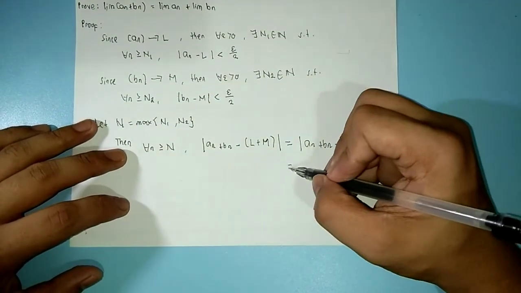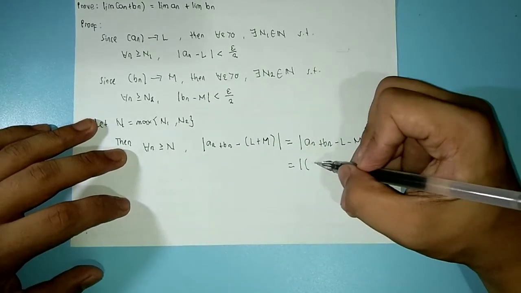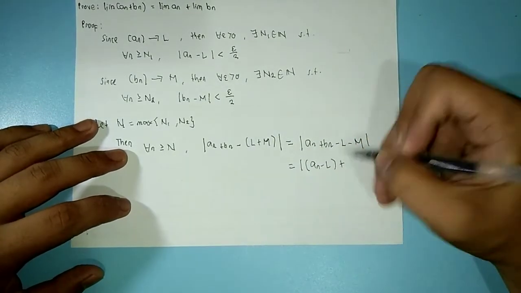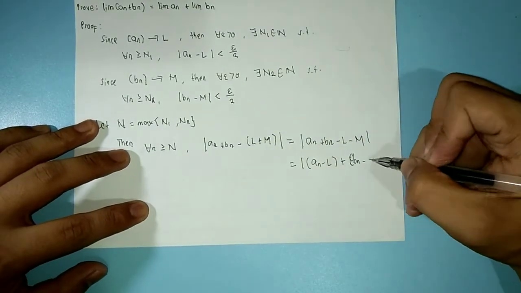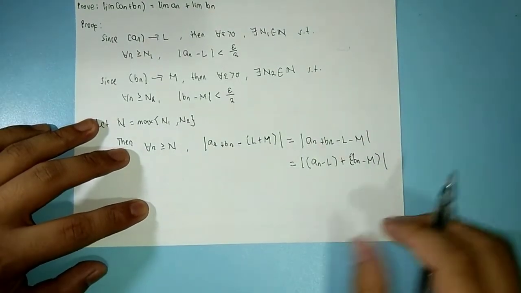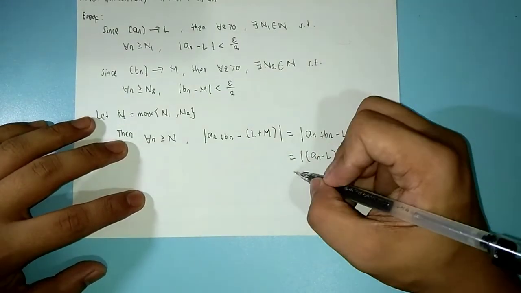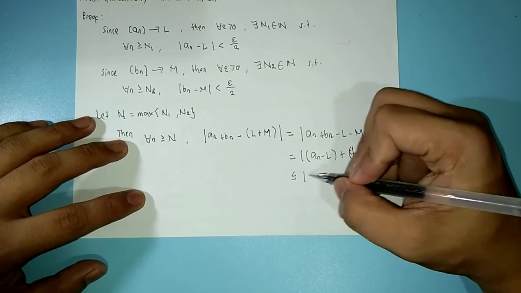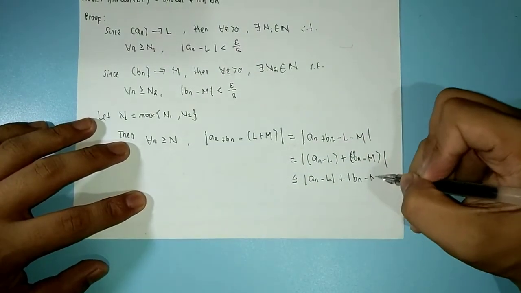And this is equal to absolute value, pagsasamahin ko tong a sub n minus L, plus pagsasamahin ko yung b sub n minus M. Okay? And by triangle inequality, this is less than or equal to absolute value of a sub n minus L plus absolute value of b sub n minus M.